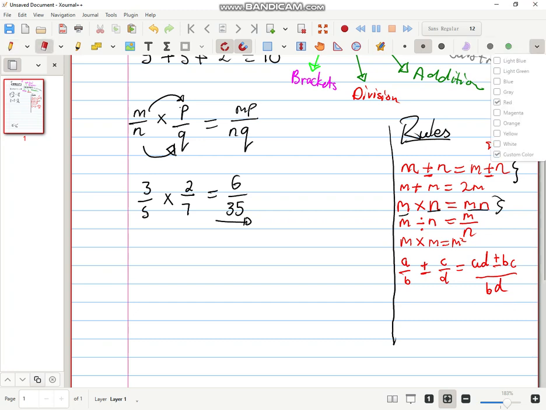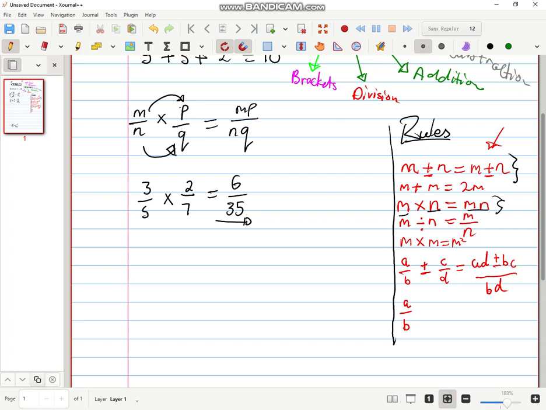Let's add on top of our rules, right? A over B. Here I used M over N and P over Q. It doesn't really matter. You can use Z all over D, X all over Y. It does not matter, right?